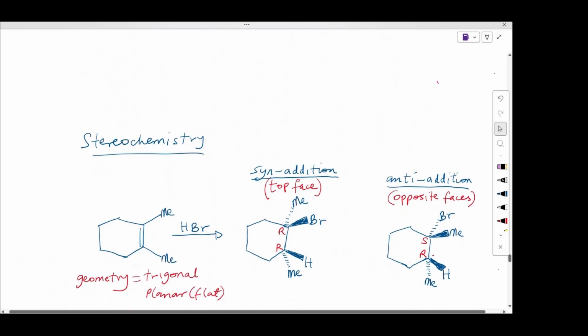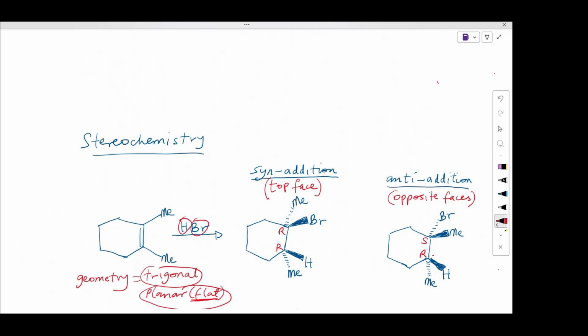In terms of stereochemistry, recall that this alkene has a trigonal planar geometry, meaning that its geometry is flat. Because it's flat, the hydrogen and bromine can add to the top face. If that happens, the hydrogen and the bromine will both be on wedge bonds.